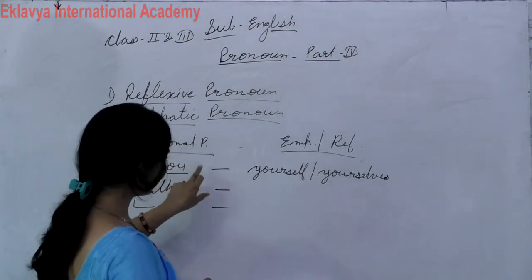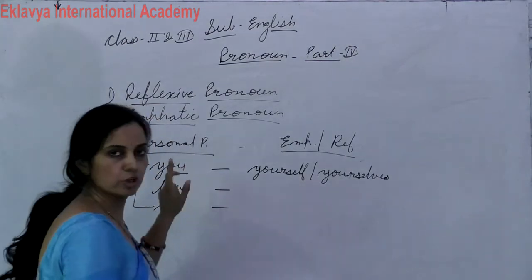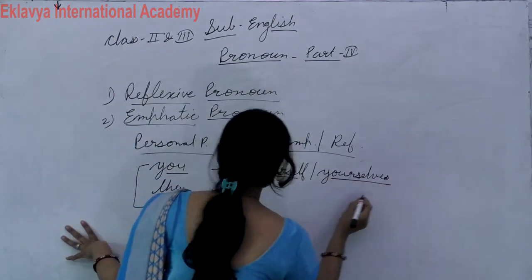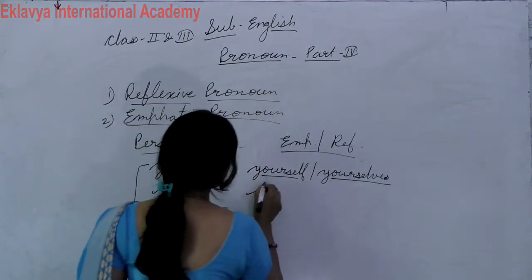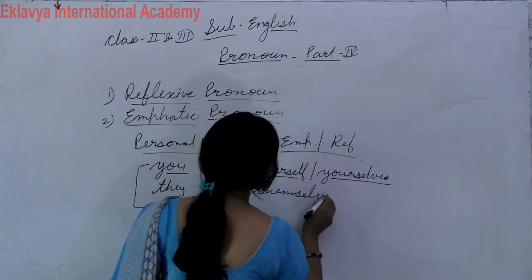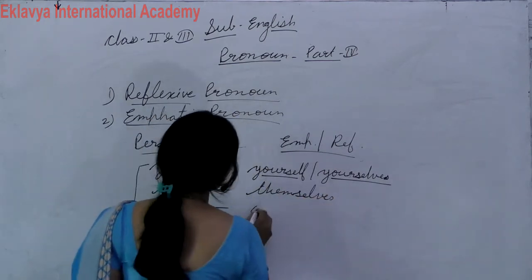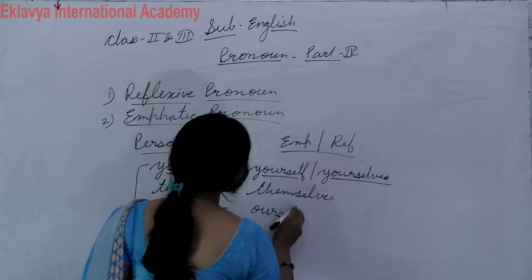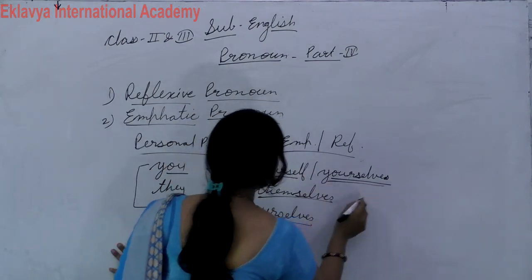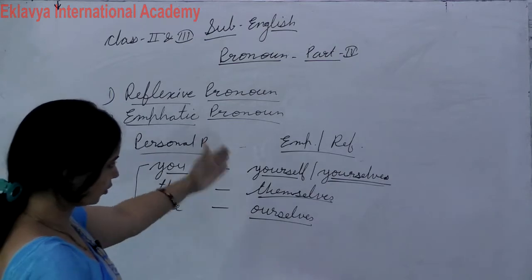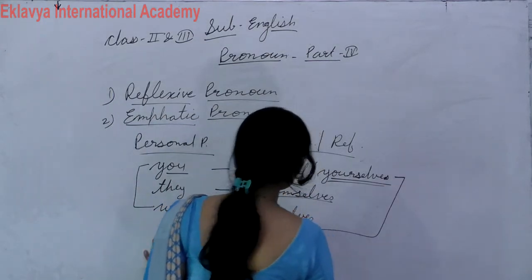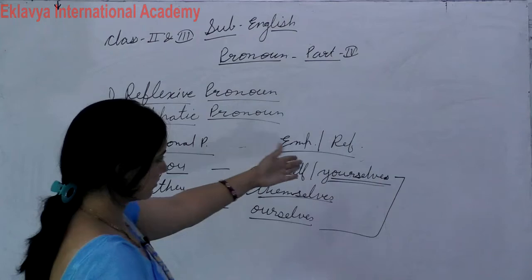You comes in singular form and also in plural form. So it is yourself and yourselves. They, themselves, we, ourselves. So this is how we can make the plural form in reflexive and emphatic.